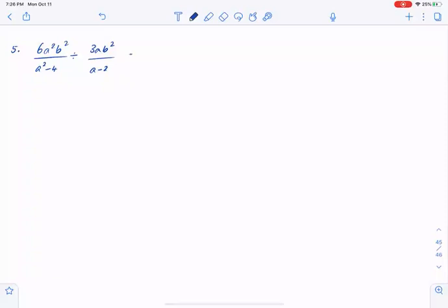So we have to convert the division to a product. So the first rational expression multiplied by the reciprocal of the second. Now I'm going to do them separately.